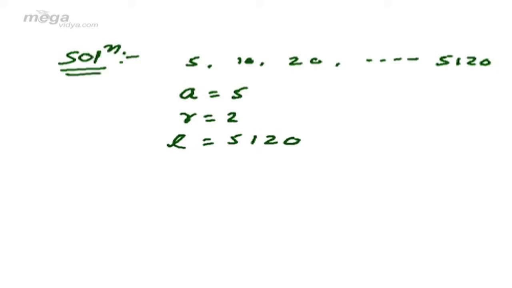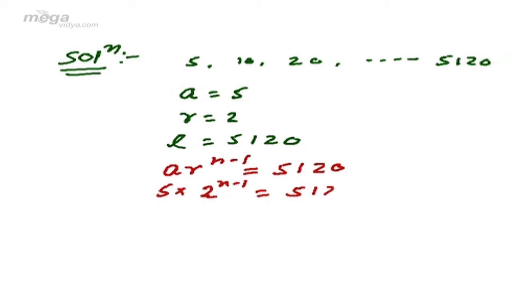Then the formula is AR to the power n minus 1 is equal to 5120, but A is 5 and R is 2, so 5 into 2 to the power n minus 1 is equal to 5120.